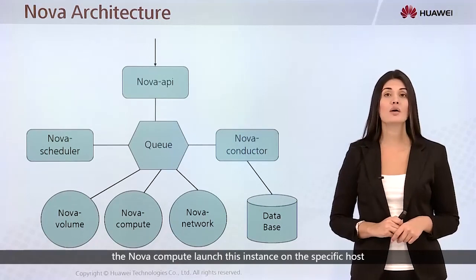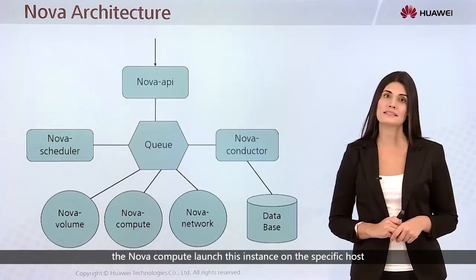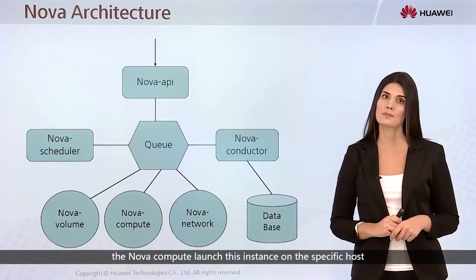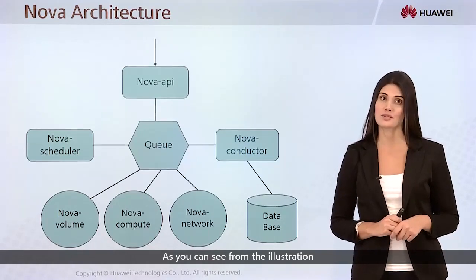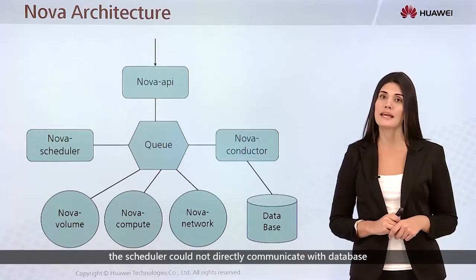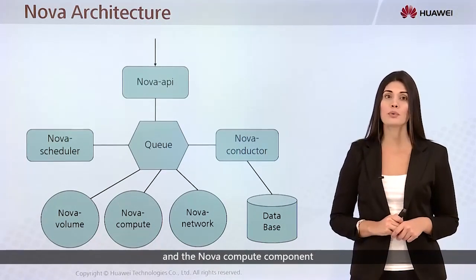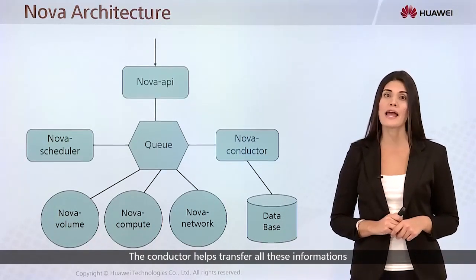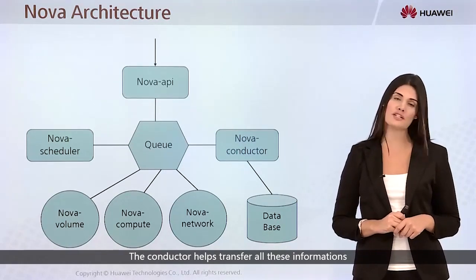After that, the Nova Compute launches this instance on the specific host. As you can see from the illustration, the scheduler cannot communicate directly with the database. On the Nova Compute component, the conductor helps transfer all this information.